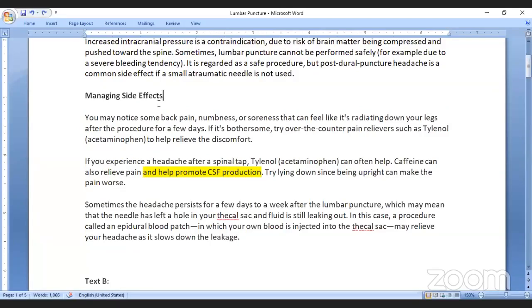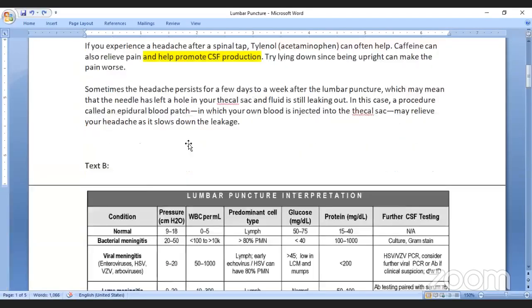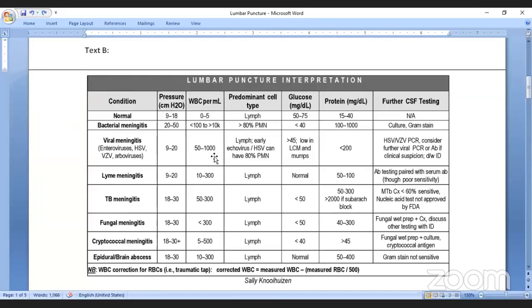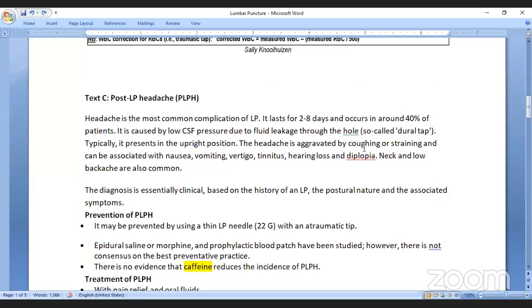In text B, we have a table with types of meningitis: viral, bacterial, TB, fungal. Then we have lumbar puncture interpretation: pressure, WCC, prominent cell type, glucose level, protein level, further tests.